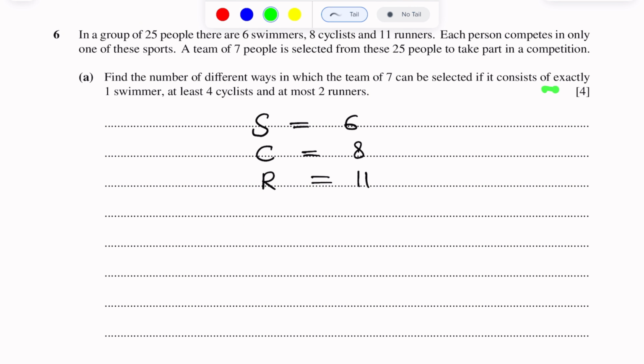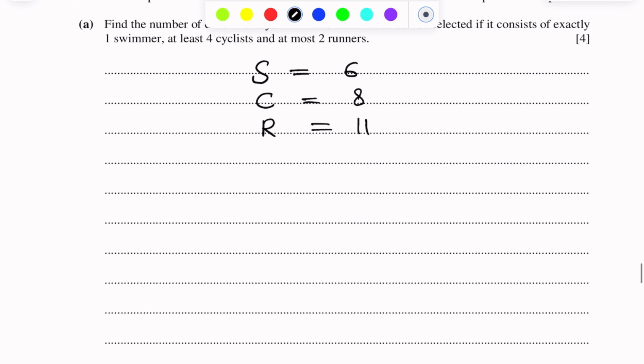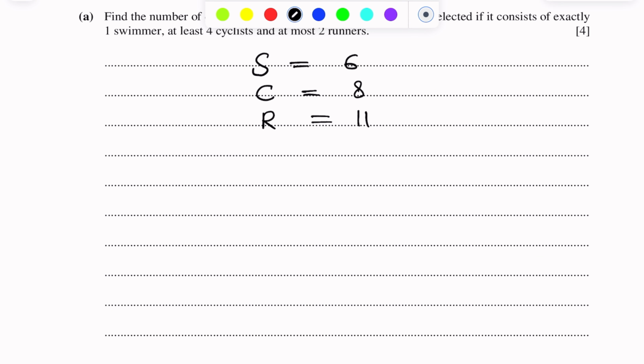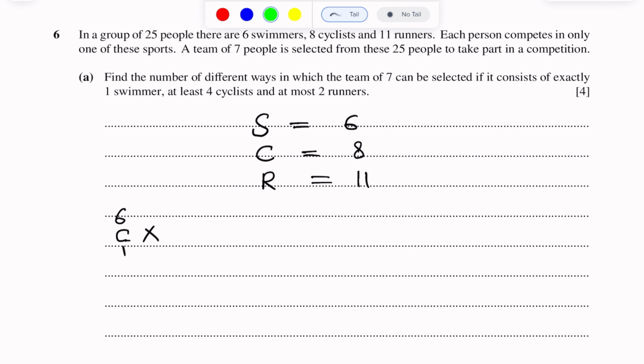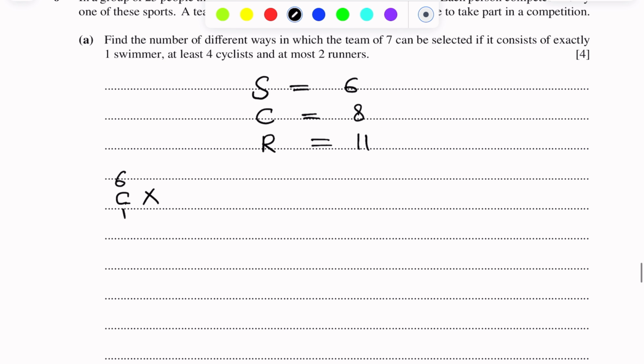Exactly one swimmer means total swimmers are 6, so we will write here 6C1, into at least 4 cyclists. Total cyclists 8, we will write here 8C4.